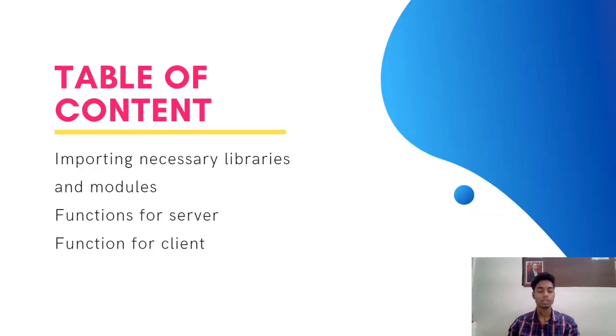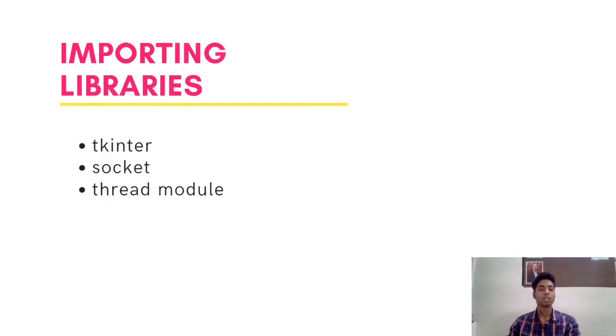Now in this demonstration I'm gonna show you the important necessary libraries and modules that I have imported and the functions that I've created for server.py and client.py, which will interact with each other.